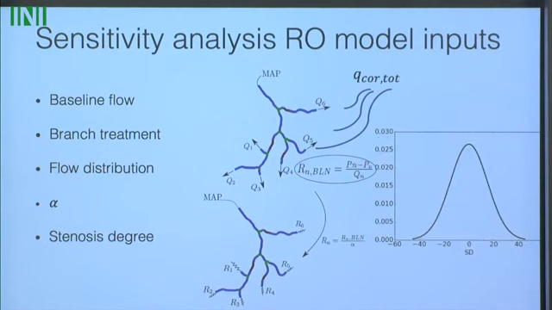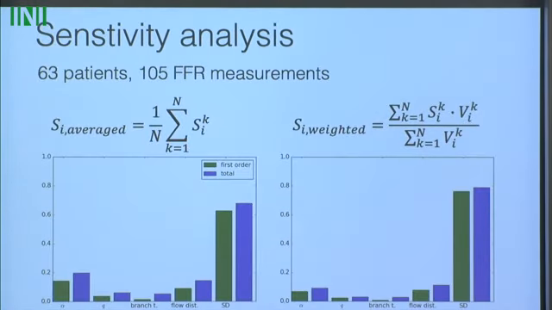And then also the stenosis degree has been assumed to have a certain PDF, as illustrated here. So what we've done then, for 63 patients with 105 FFR measurements, is this. Whenever you have a stenosis, you normally have two. That's what we can read from here.